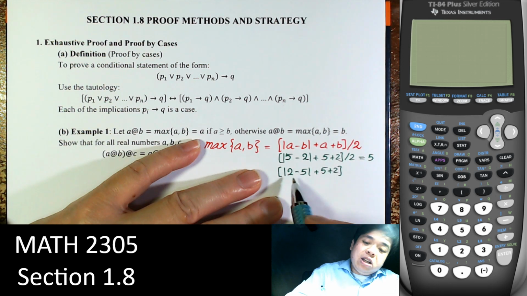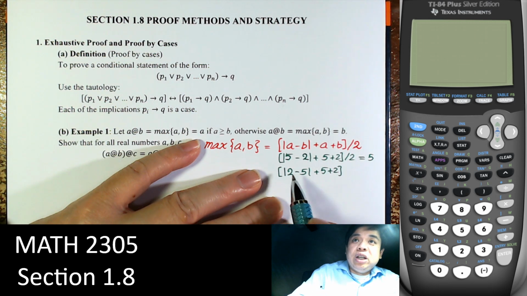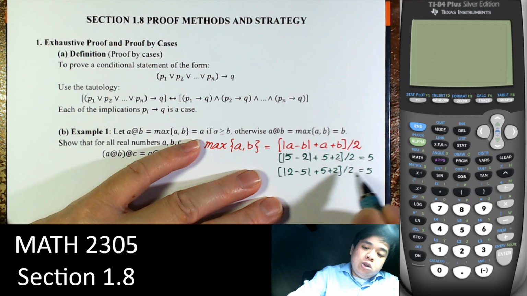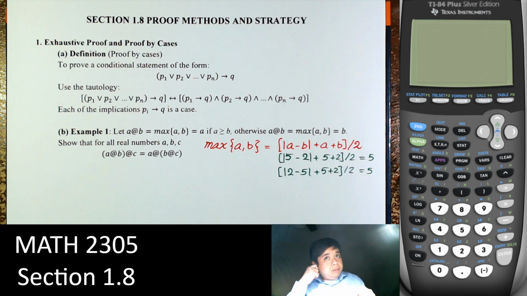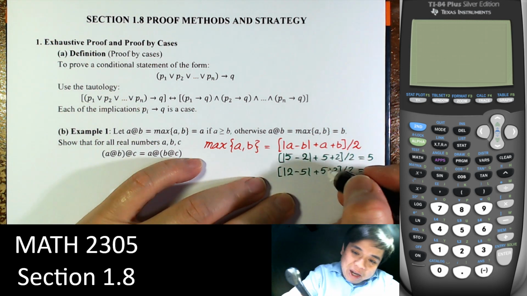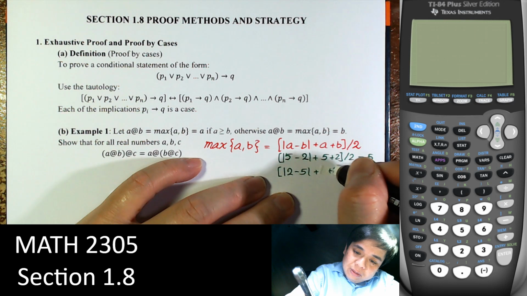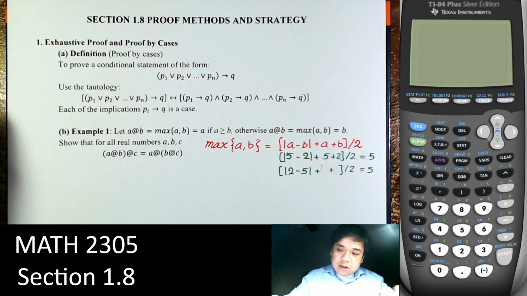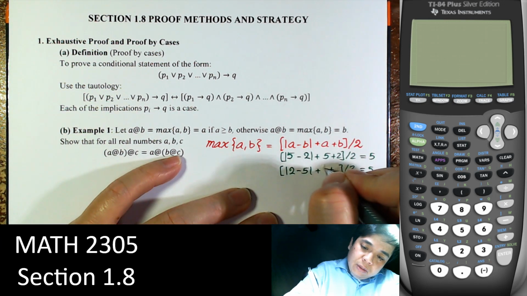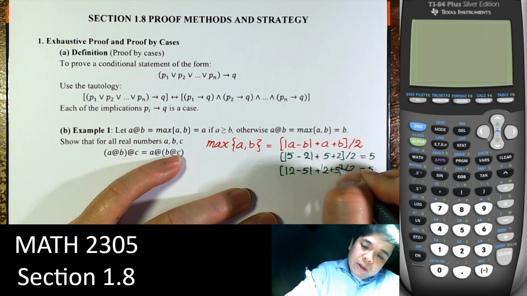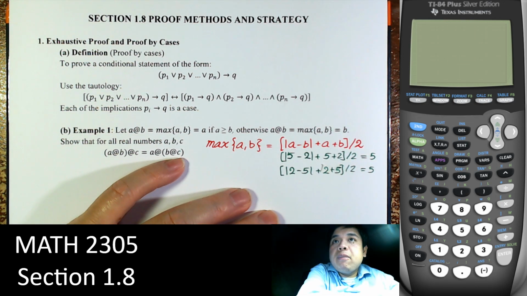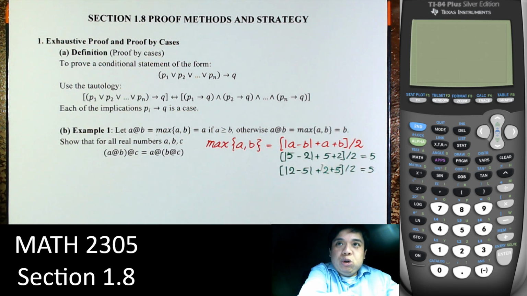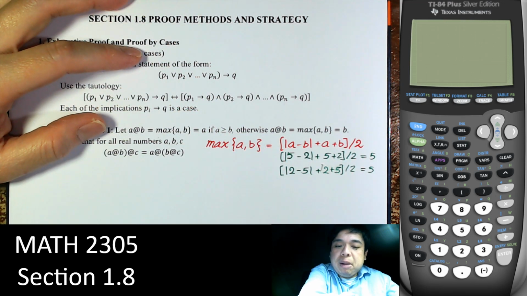If we put them backward like this, 2 minus 5 is minus 3, absolute value is 3, and we still have 10 divided by 2, which is 5. So it doesn't matter where we put the numbers, it will give us the maximum number.